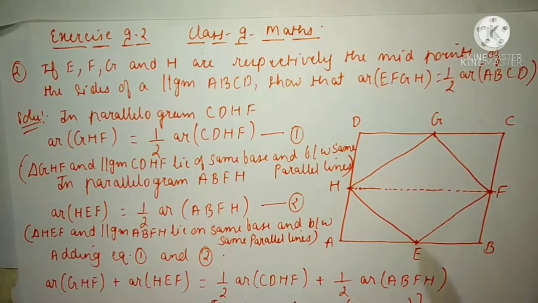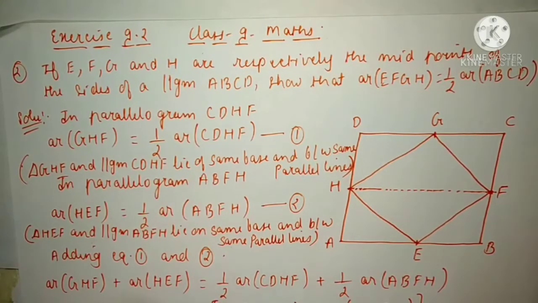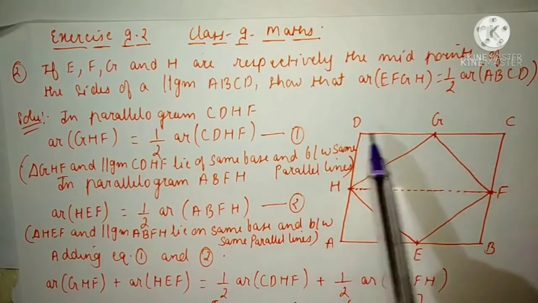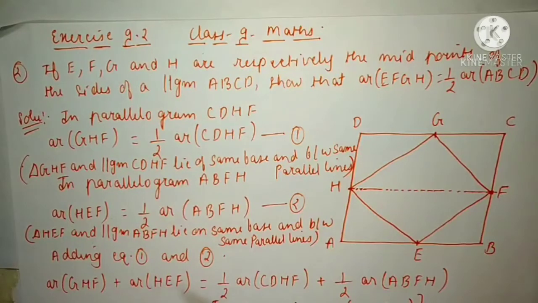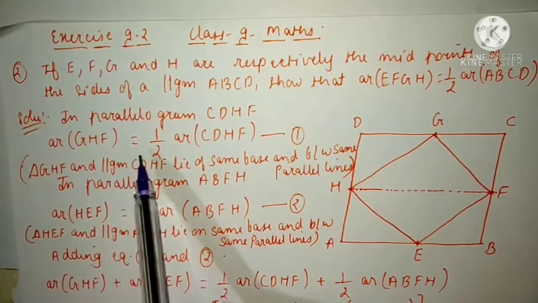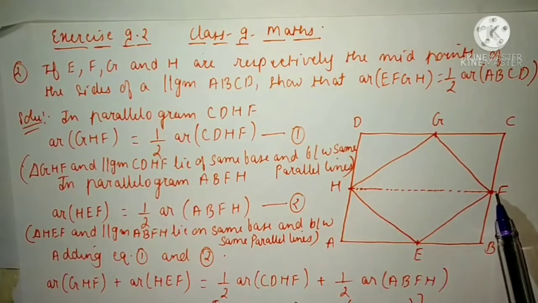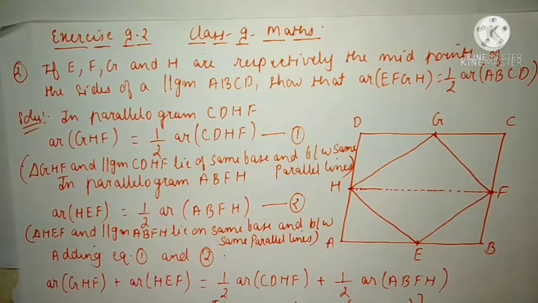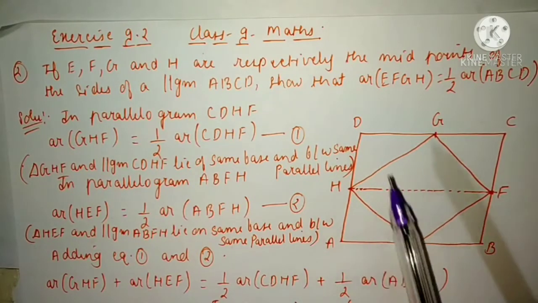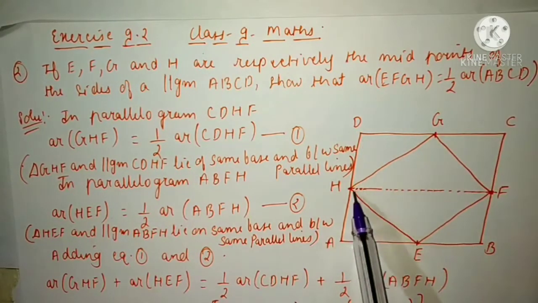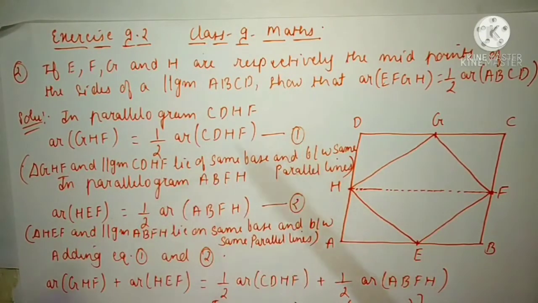Now both have the same base, that is HF, and are between the same parallel lines, that is HF and CD. That means area of the triangle will be half the area of the parallelogram. So we can write area of GHF will be equal to half of area of CDHF. Okay, name this as equation number 1.